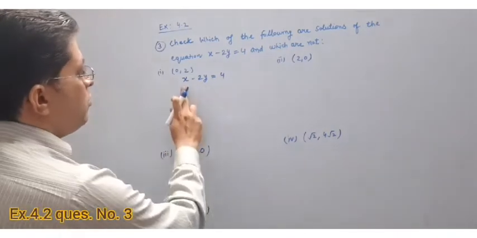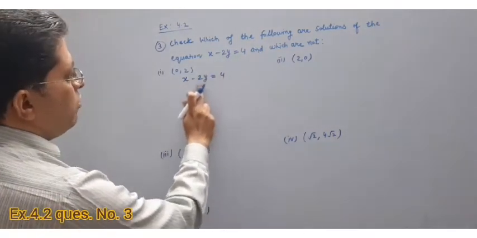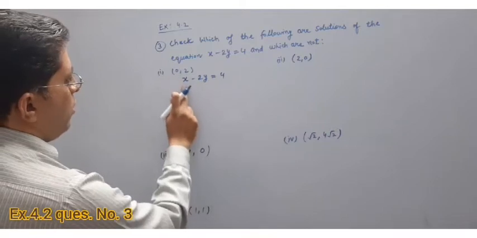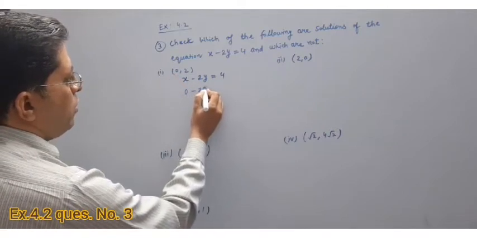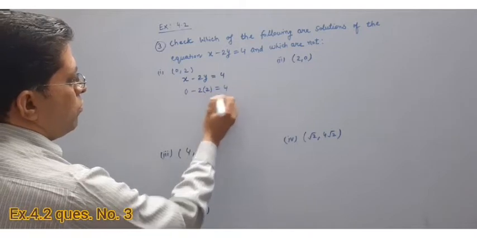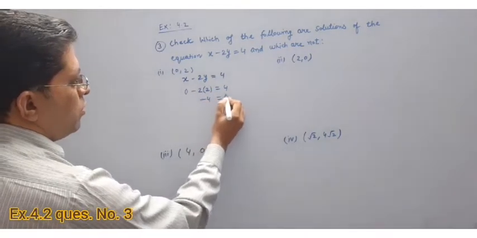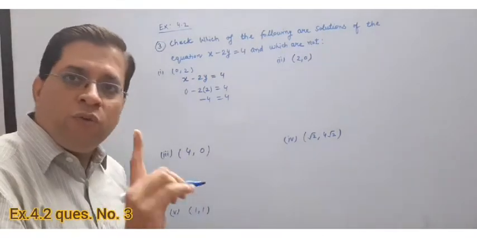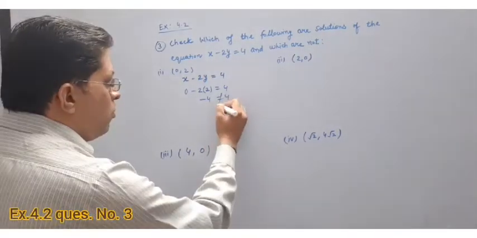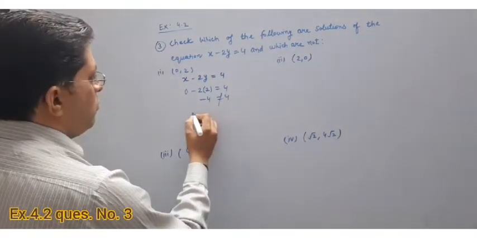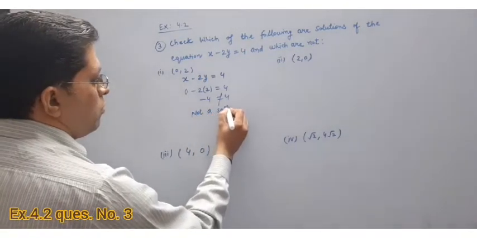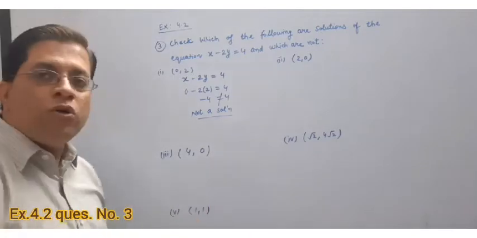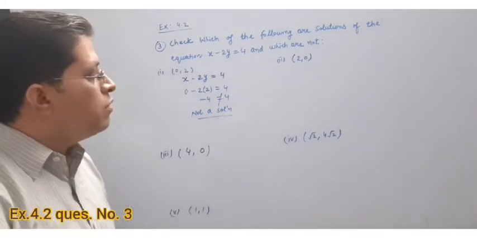Okay, this is my equation: x minus 2y is equal to 4. I am putting 0 in place of x. In place of y, I am putting 2. This is minus 4. Is minus 4 equal to 4? No. Both are not equal. So this is not a solution. 0, 2 is not a solution of this equation.